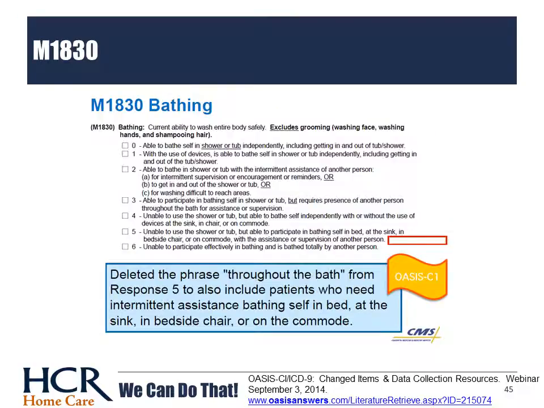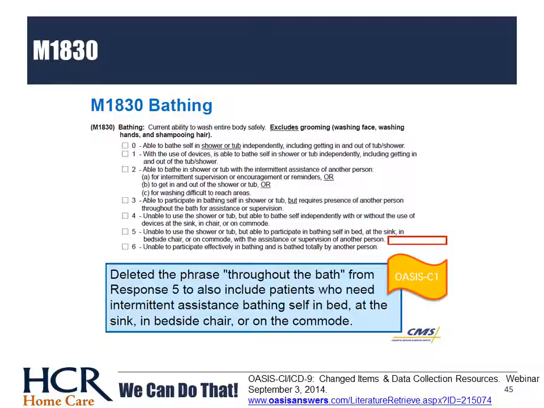One minor change has occurred with the bathing item 1830, and this is actually great because it now clarifies the appropriate response with an area that was kind of confusing prior in OASIS C. So now item number 5, which is that the patient is unable to use the shower or tub, so they are sponge bathing, but is able to participate in bathing self at the bed, at the sink, in a bedside chair, or on a commode with the assistance or supervision of another person.